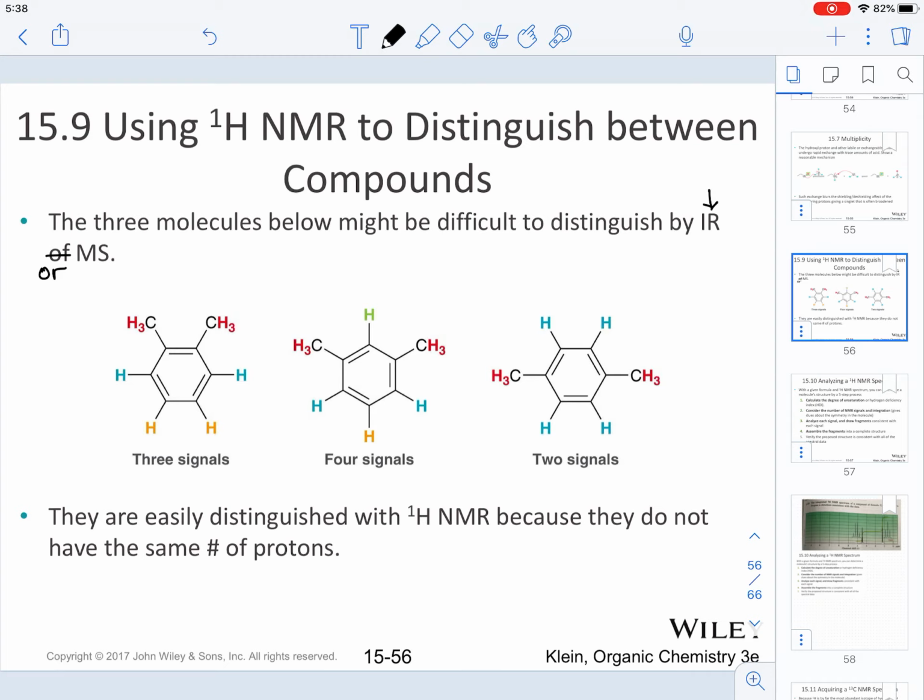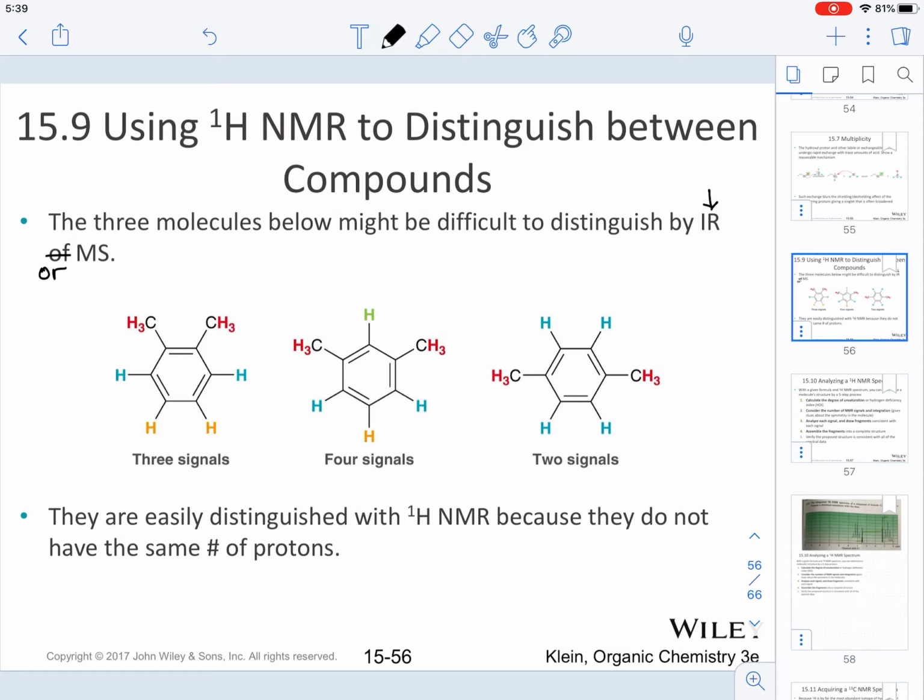As you can see, obviously, the substitution on the benzene ring is different from molecule 1 to molecule 2 to molecule 3. But overall, at the level of utilizing IR on these molecules, the stretches that are going to be displayed on the IR spectra are going to be very similar for the three of them, because all of them contain, for example, the carbon-hydrogen stretches for aromatic compounds because of the presence of the benzene ring, or even the carbon-carbon bonds, again because of the functional group that is present in the three molecules, since it's very similar.